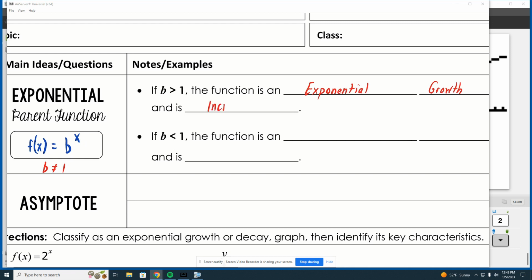And because of that, it's always going to be increasing. So what are some things that you hope have exponential growth over time? Yeah, your money, your salary, investments, or what you make. You want it to have exponential growth. You don't want it to go down. You want it to go up.